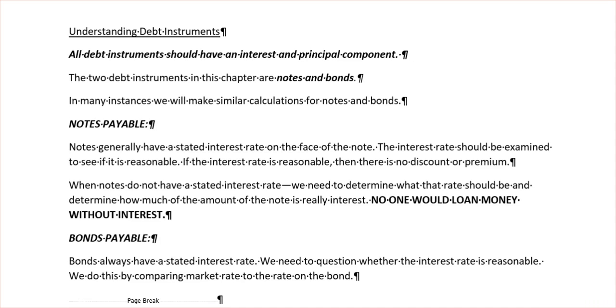And bonds, they have a stated interest rate, and again, it's a contractual rate. And so either one of these, we're going to use the term stated. Usually when we talk about notes payable, we say reasonable rates. Instead of saying market rates, we say what is a reasonable rate. When we talk about bonds, we can say the market rate.